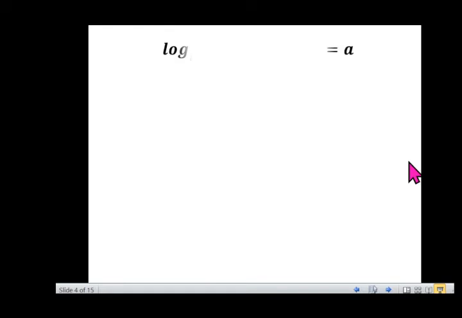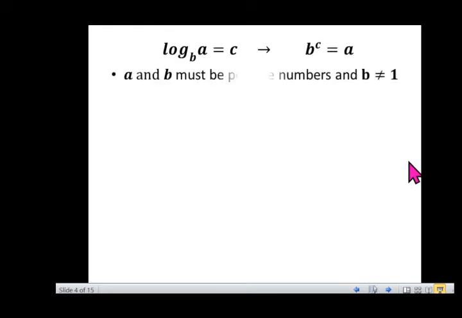Let us go to an example. If you have a value for a that is negative, take for example the logarithm of negative 8 with base 2 equals c. When you convert this into exponential form, this becomes 2 raised to the power of c equals negative 8.